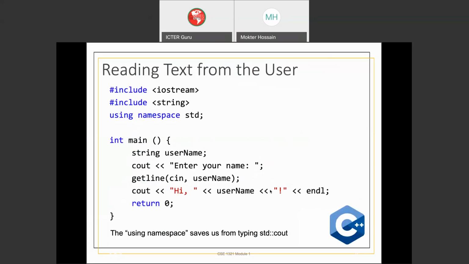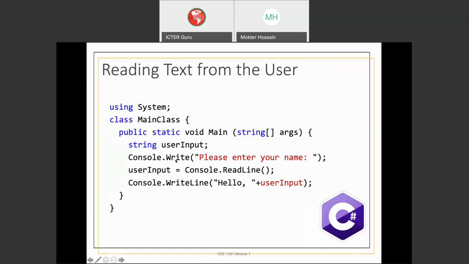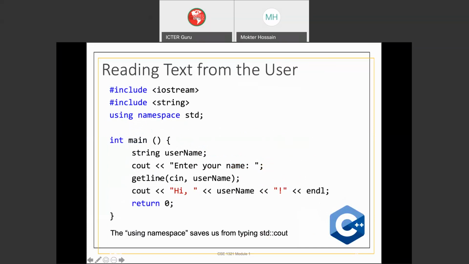Similar code in C++. You see that in C++, we use the cout operator, cout with double less than sign, to output something, which is similar to Console.Write. Then if we want to enter something, we use the getline method.